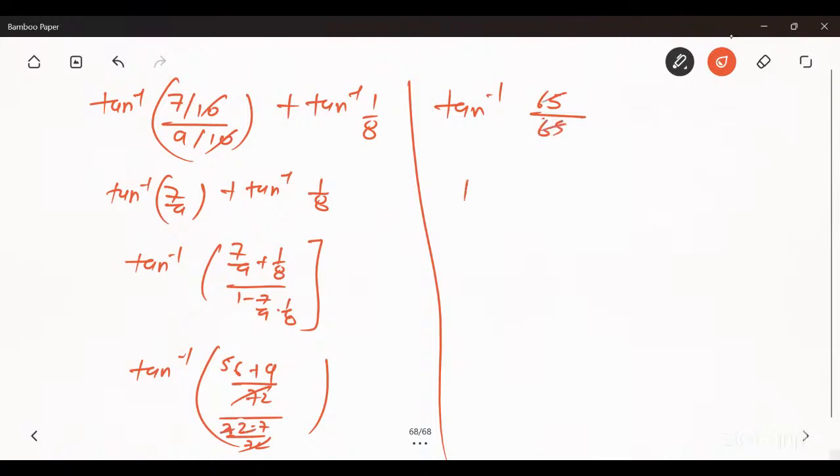Now 65 will be cancelled with 65. So tan inverse 1 is equal to pi by 4, which is equal to the RHS.